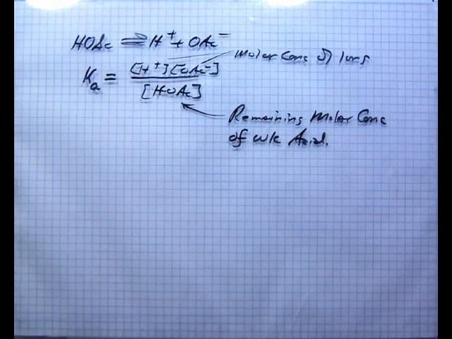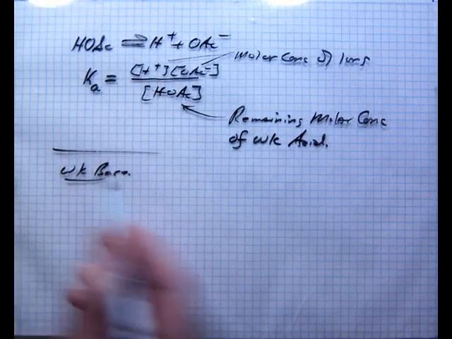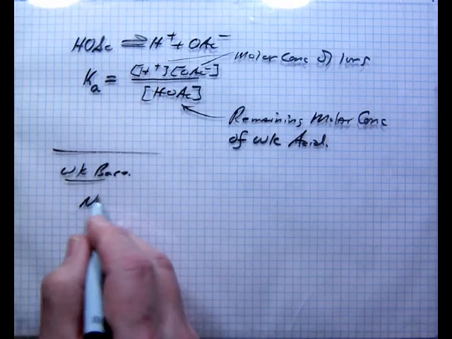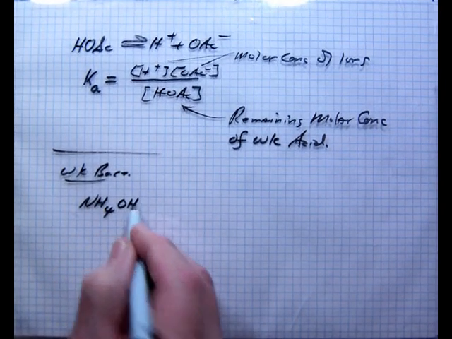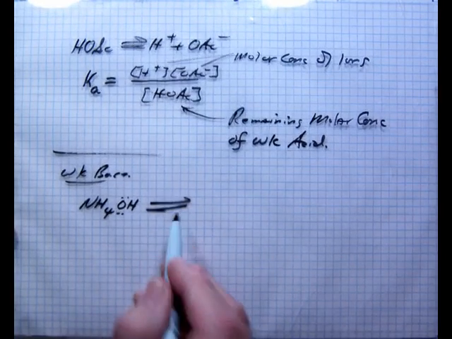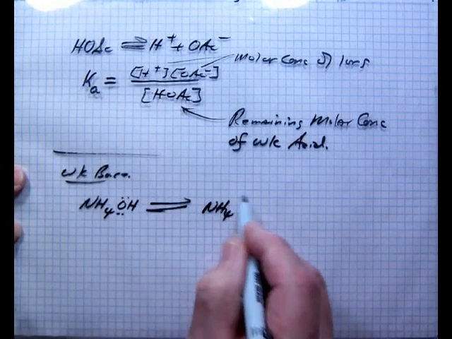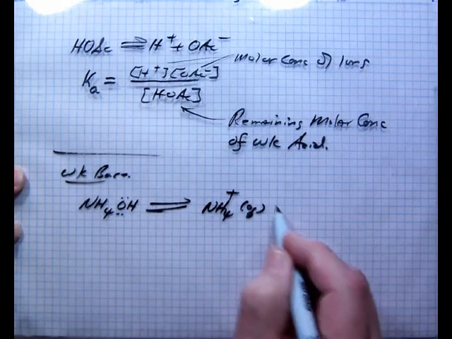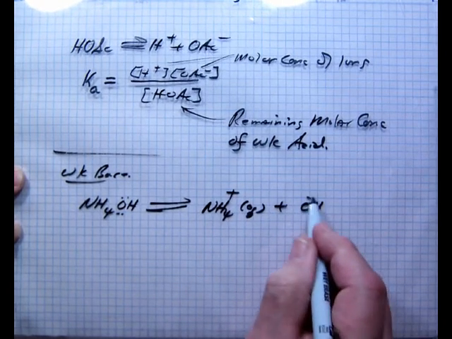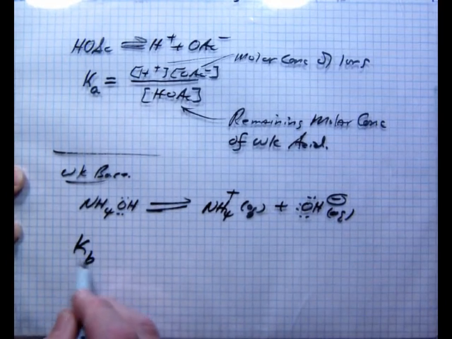Okay, so the weak bases, and we'll get to this. I'll show you one weak base just to illustrate how this fits into the equilibrium scheme. Ammonium hydroxide, right here. You put ammonium hydroxide into water, it will certainly ionize into the ammonium ion, giving you the ammonium aqueous cation and the hydroxide anion aqueous, and that would be a weak base.